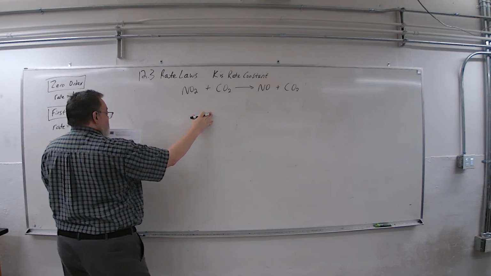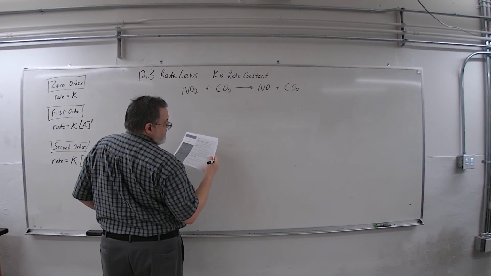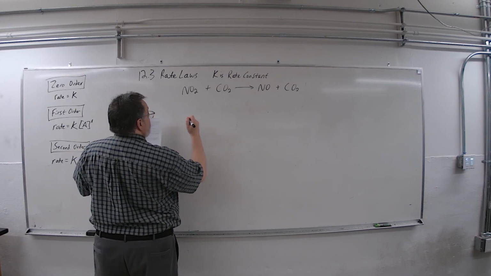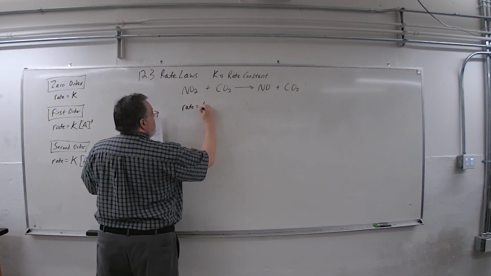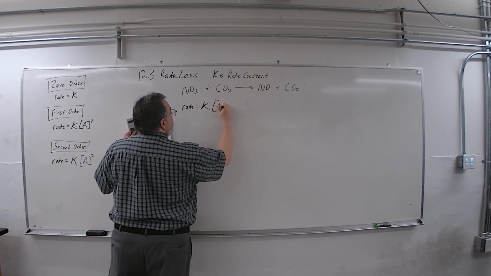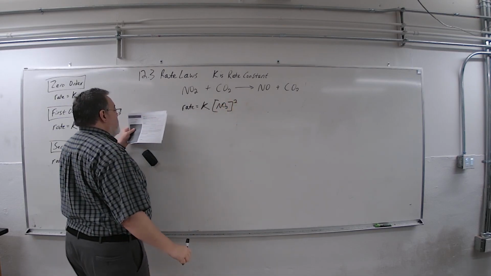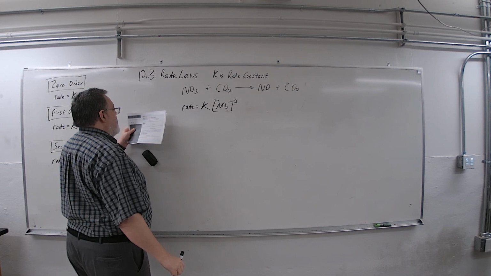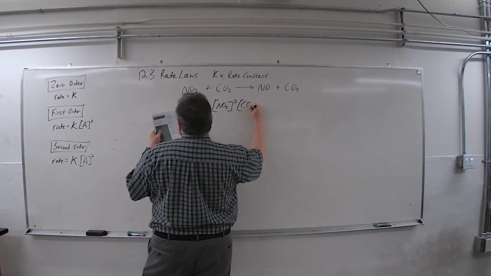All right, so we focus here, and notice it tells you here, this reaction is a second order reaction with NO2. So we're going to have some K, and it was, say, a zero order CO2.